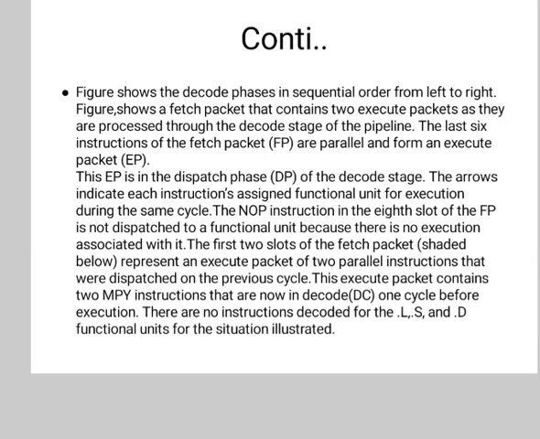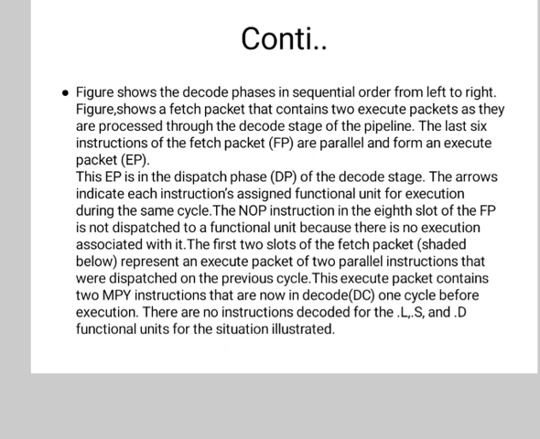This EP, that is the execute packet, is in the dispatch phase of the decode stage, and the arrows indicate each instruction's assigned functional unit for execution during the same cycle. The NOP instruction in the 8th slot of the FP is not dispatched to a functional unit because there is no execution associated with it.